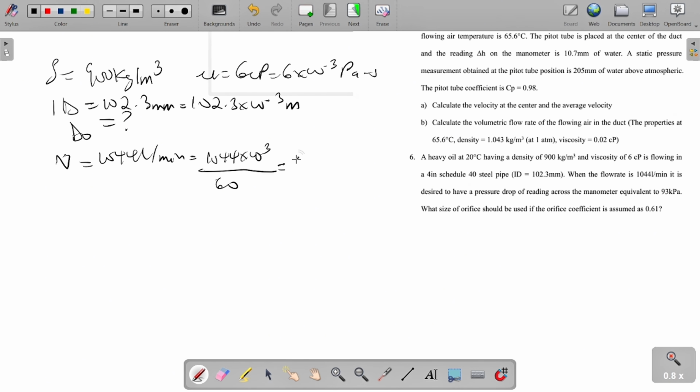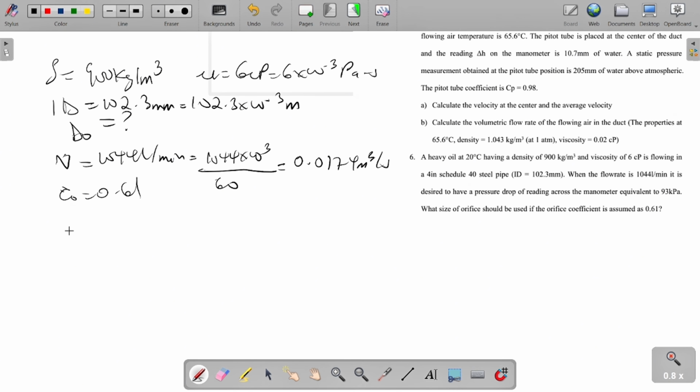So I'll have 0.0174 meter cube per second, right? Make sure everything is in SI units before you continue your work. And they say we should assume that C naught is 0.61. So they want us to calculate the D naught.